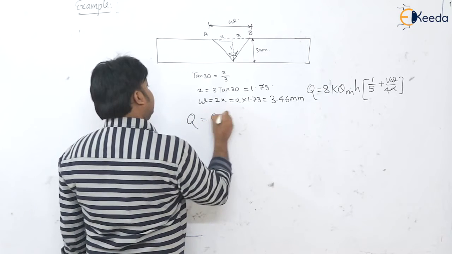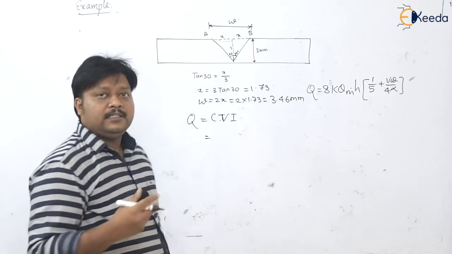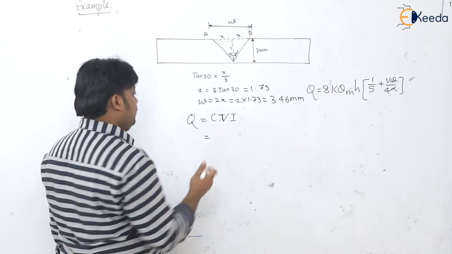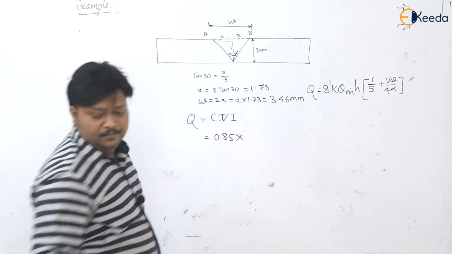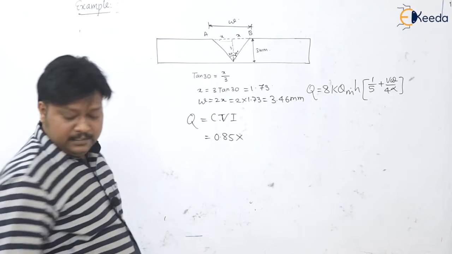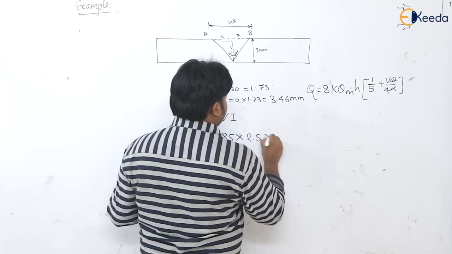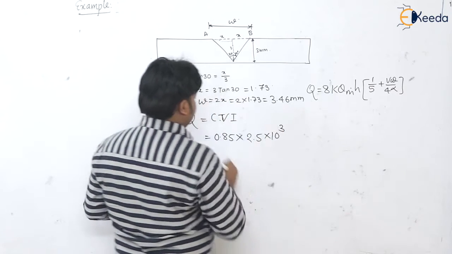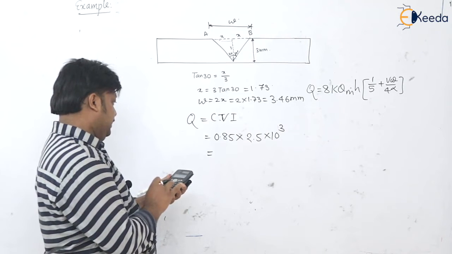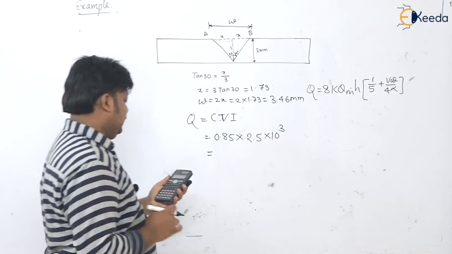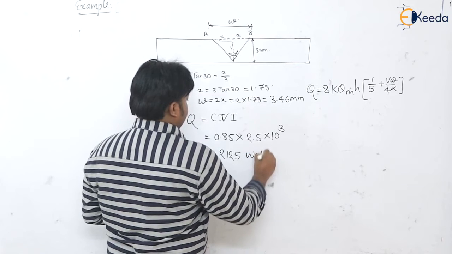Q is given like that: Q is equal to C times VI, where C is the fraction of time the arc was on, that is 85%, so 0.85, into the rating directly given as 2.5 kilovolt ampere, that is 2.5 into 10 to the power 3. So 0.85 into 2.5 into 10 to the power 3 is 2125 watt.